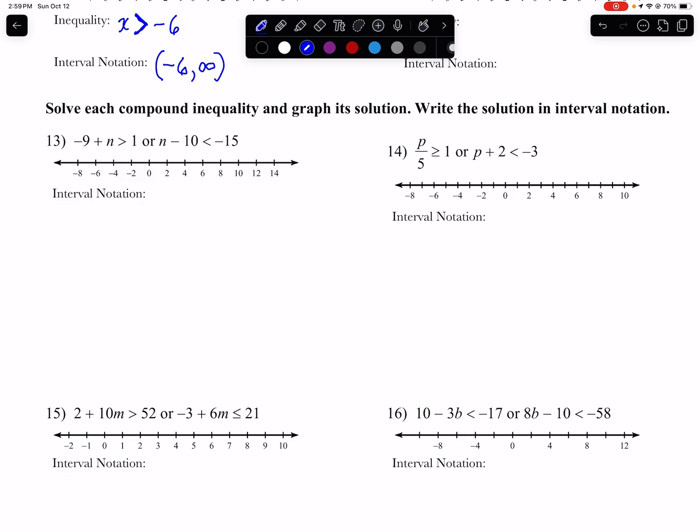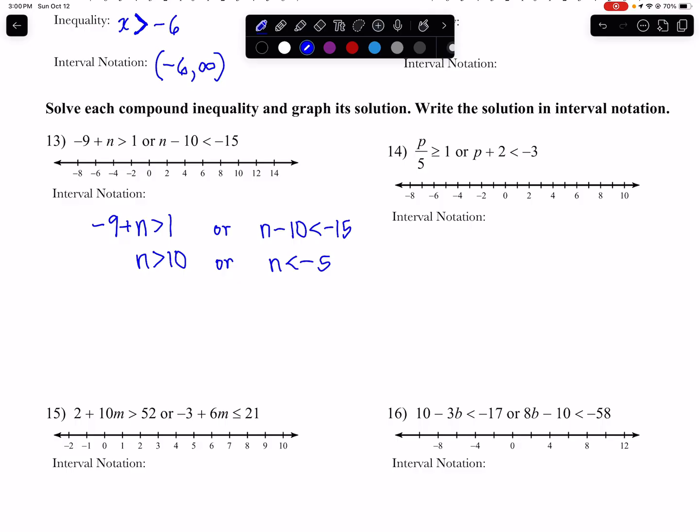All right, compound inequalities. I'll go ahead and just copy down and talk about what we have here. So it says or. So I know I'm solving 2 separate inequalities and graphing separately. Okay. So we're going to add 9 and add 10.